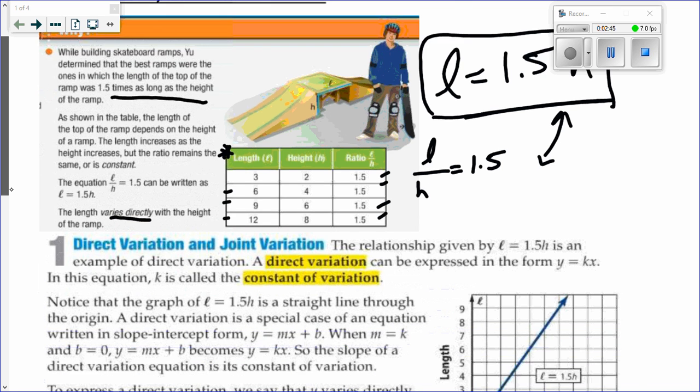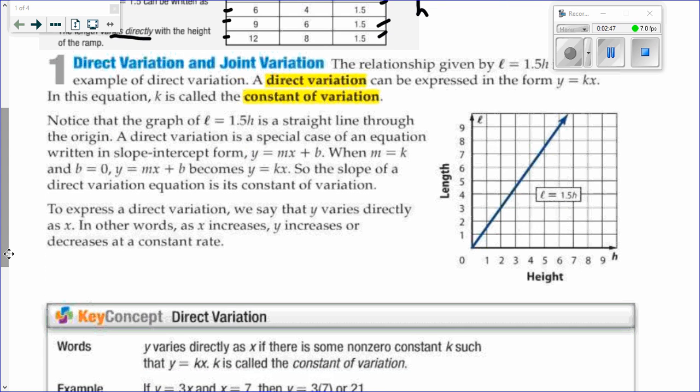So let's continue down here. In general, we can read through this paragraph if we'd like, but a direct variation can be expressed in the form y equals k times x. In this equation, k is called the constant of variation.